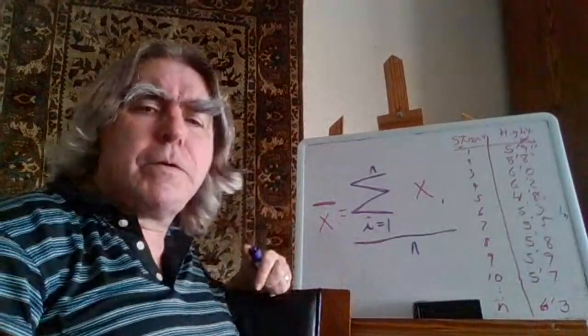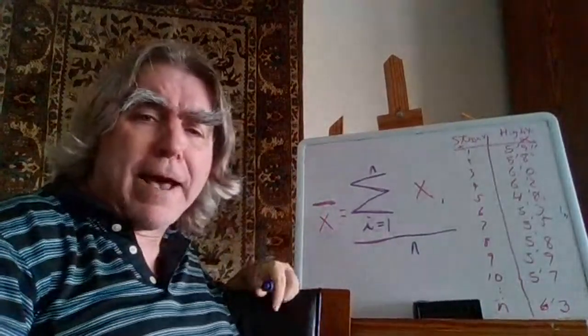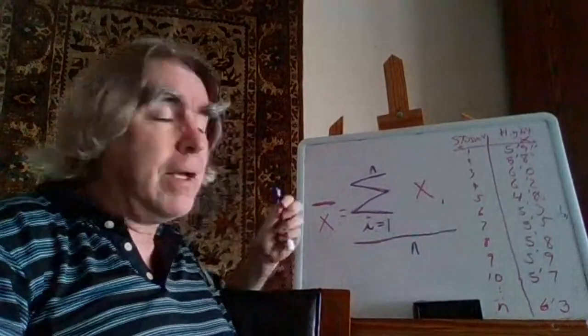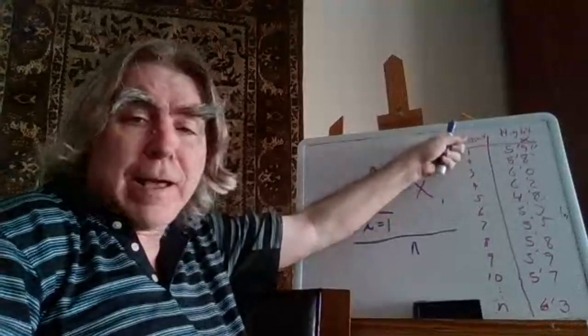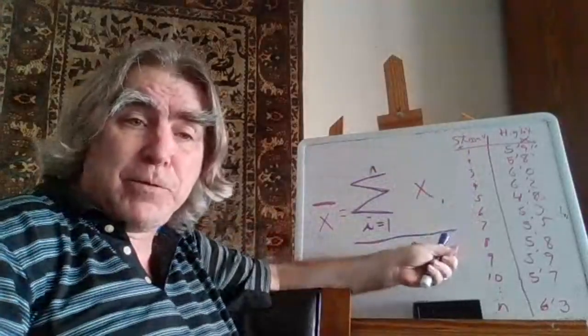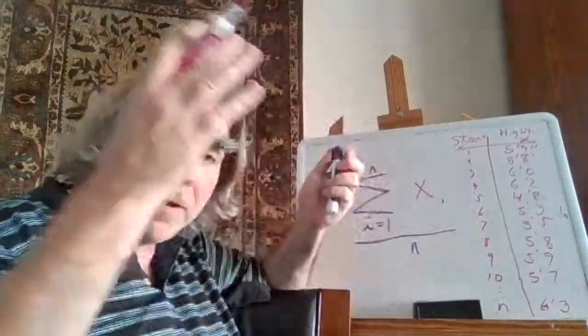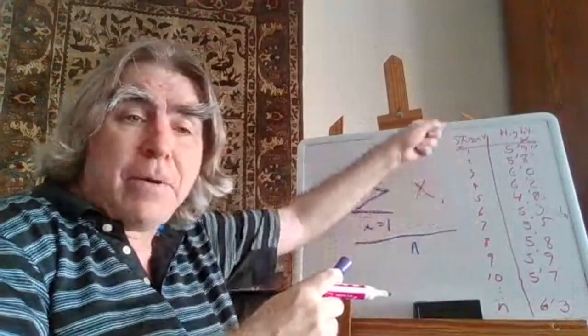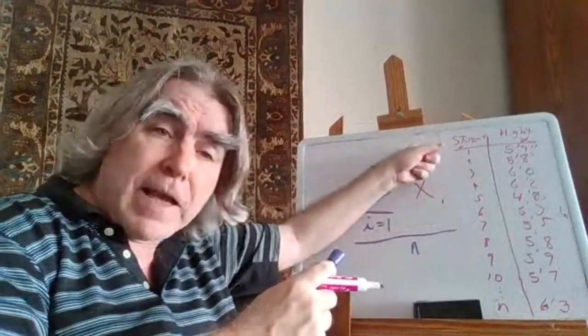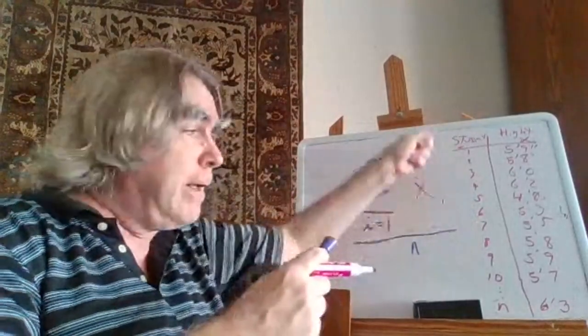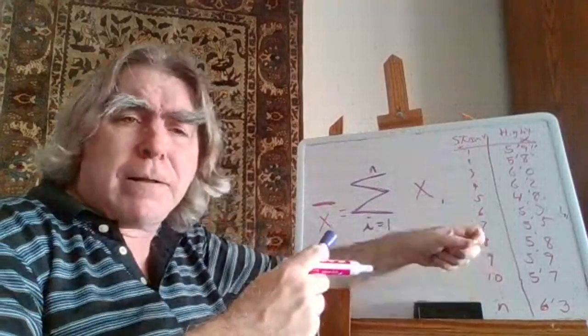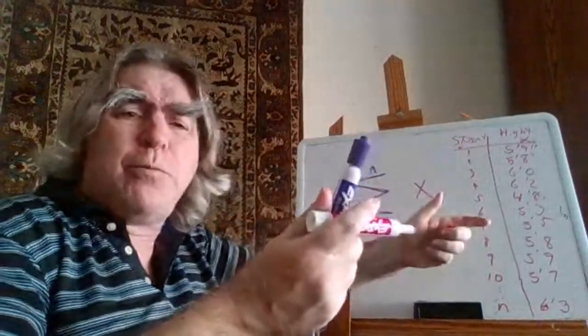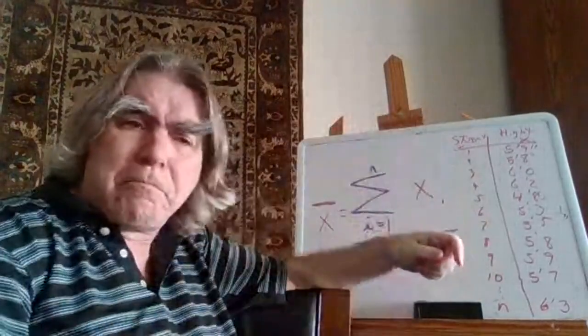So this is typically how we have a whole bunch of information. Let's say we have a different number of students in the class, and we can create a column that just lists them from the first student to the second to the third, right? This column just tells you which student we're talking about in order.